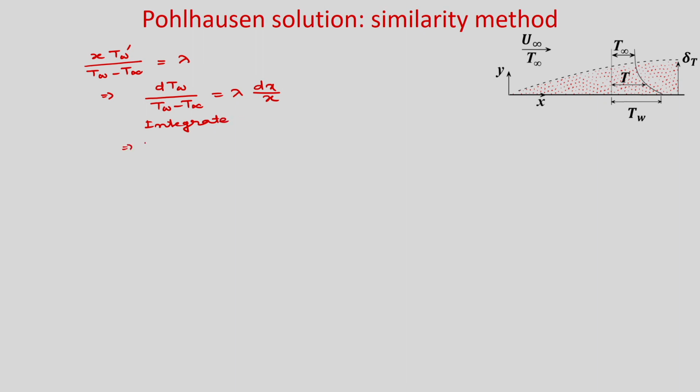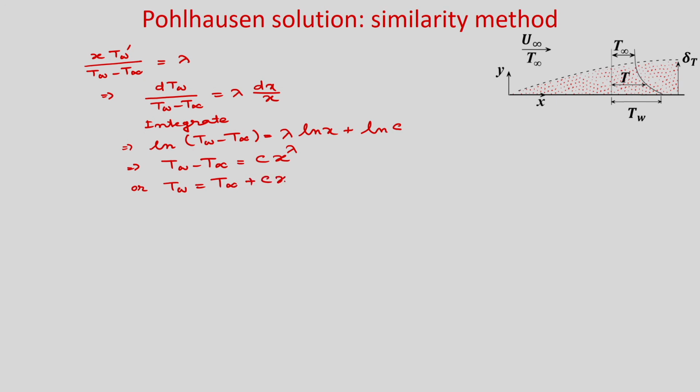So, you will get ln (T w minus T infinity) equals lambda ln x plus integration constant ln c. So, you can write T w minus T infinity is equal to c x to the power lambda, or T w is equal to T infinity plus c x to the power lambda. We have assumed that wall temperature T w is a function of x and it varies in this way.